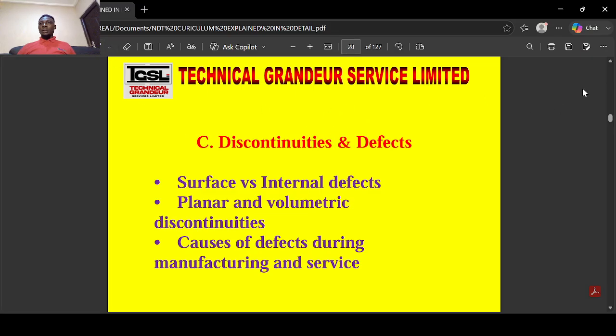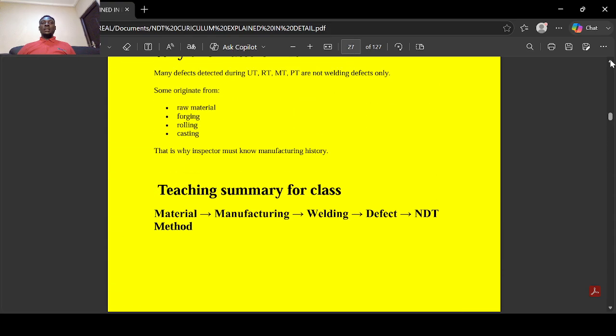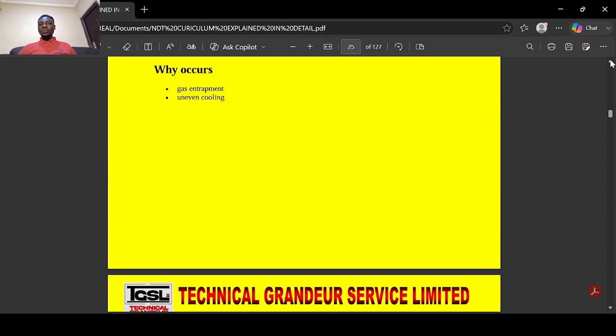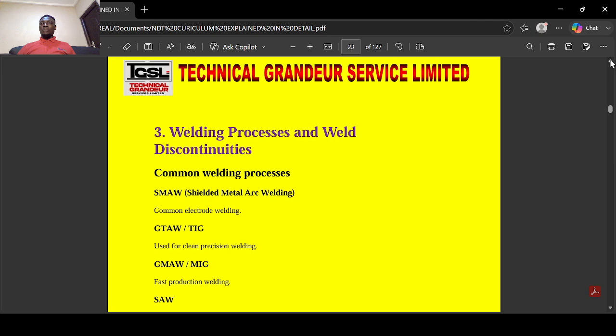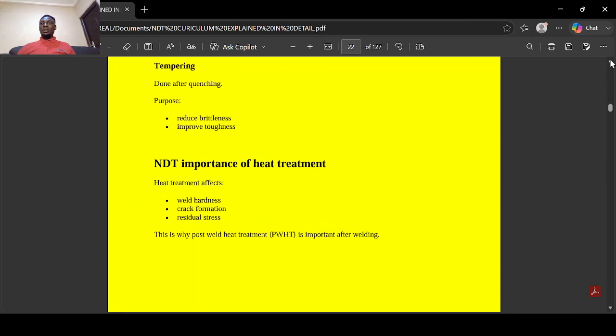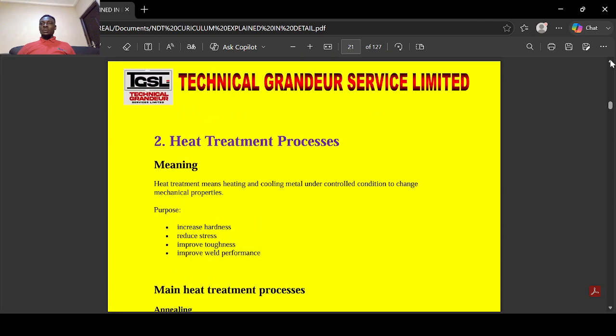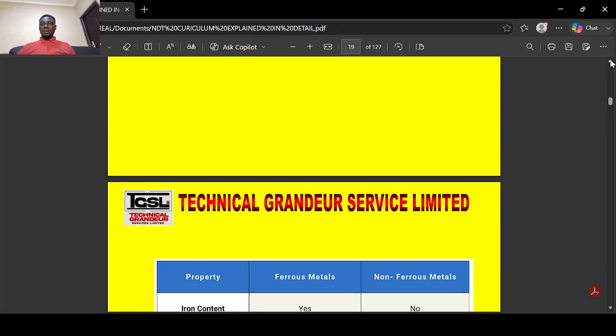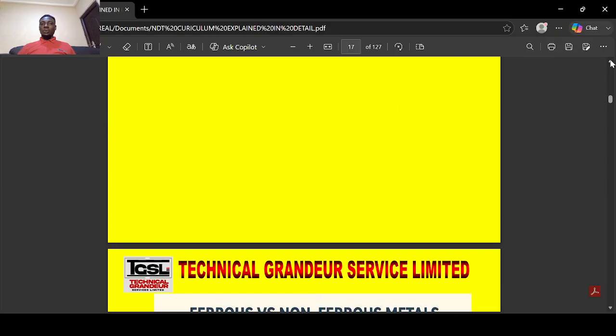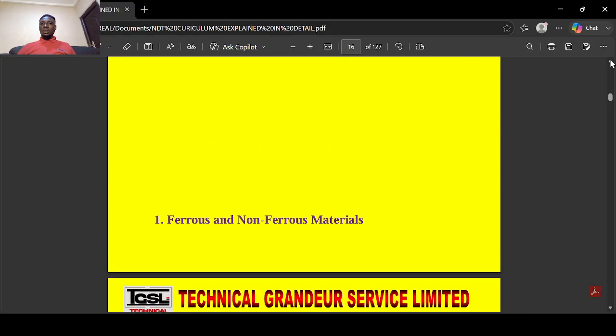Last time we talked about manufacturing of all these materials. Let's glance backward and summarize before we continue with today's topic.